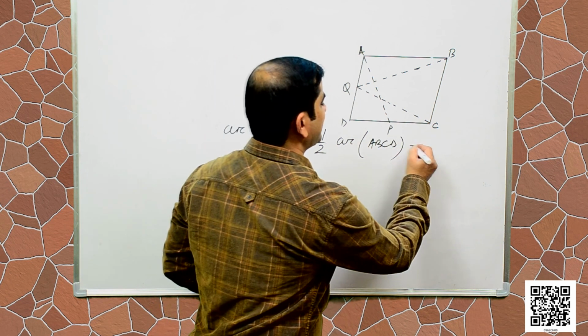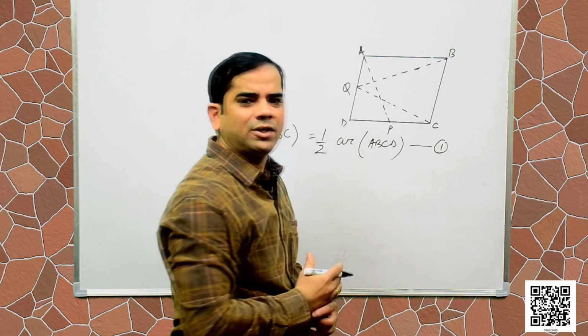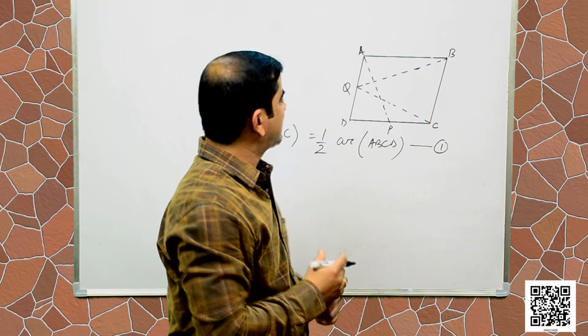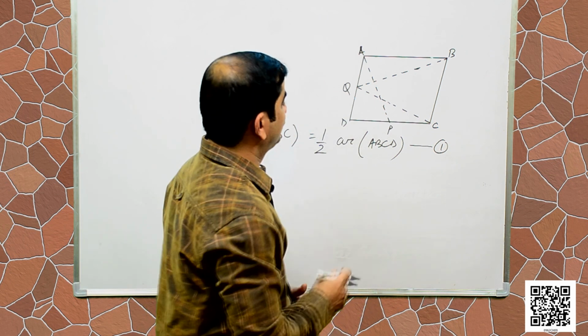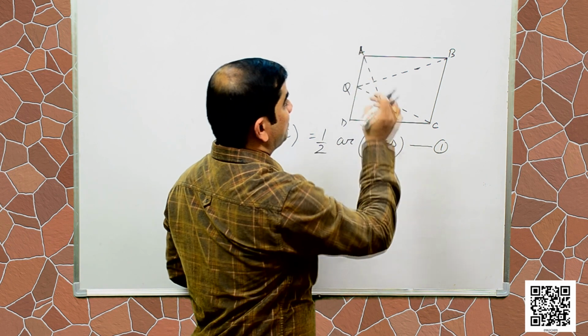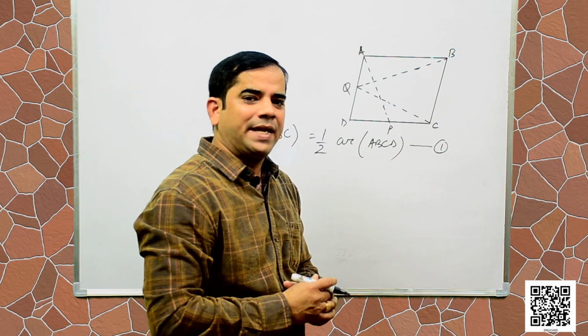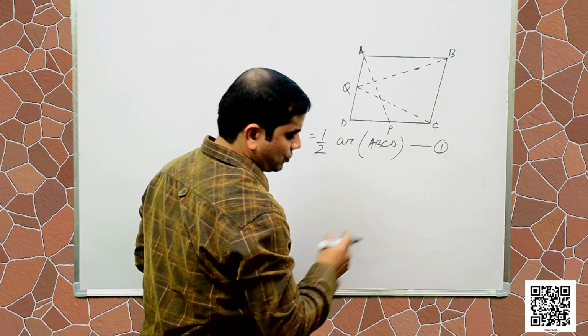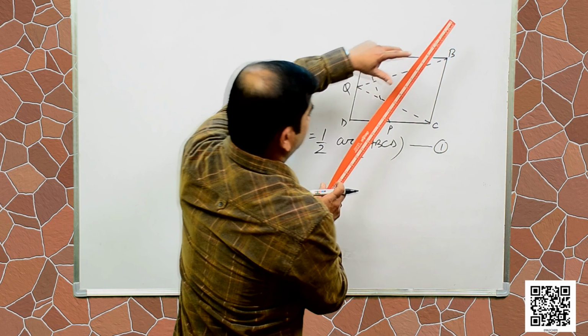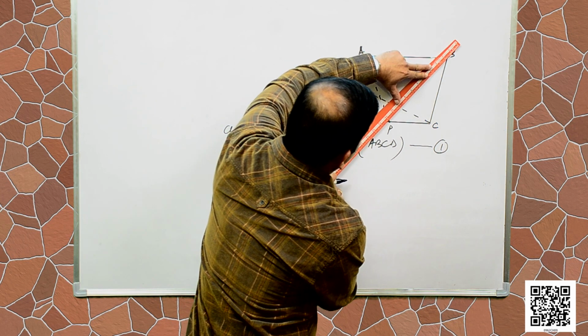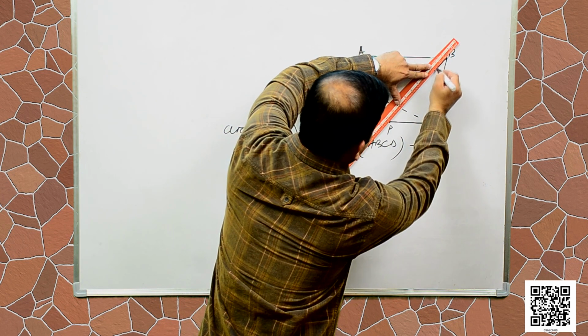Okay, let me mark this as equation 1. Similarly, triangle APB is half the area of ABCD. Let me join PB as well, so that you can better understand.